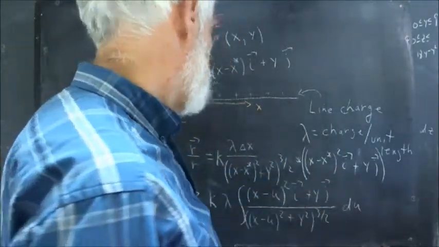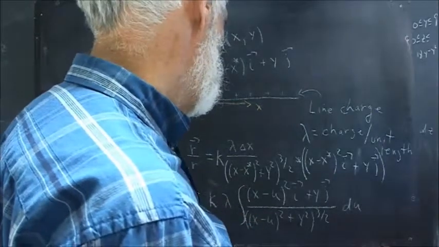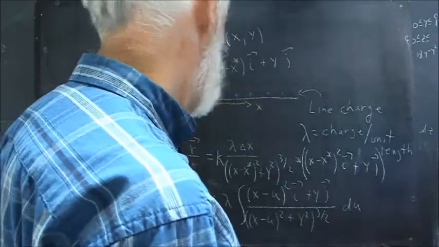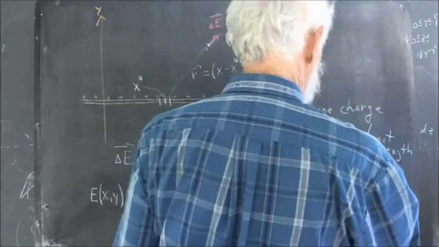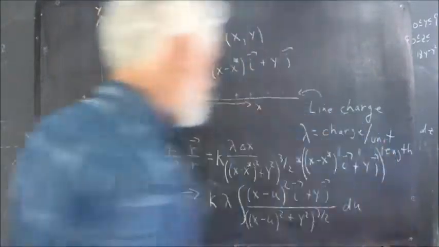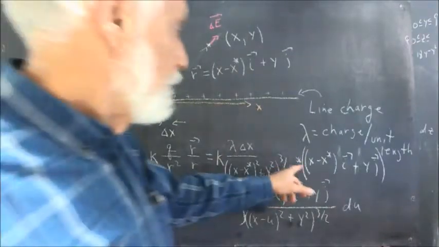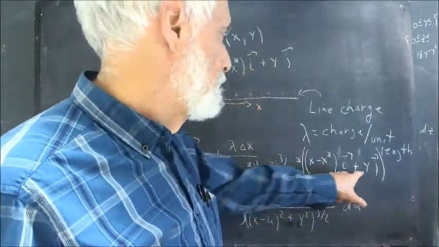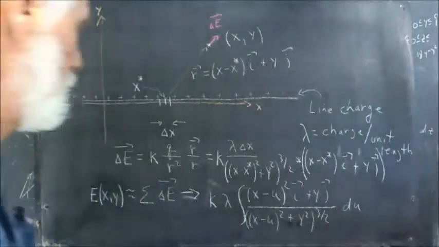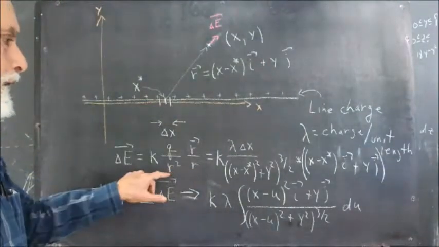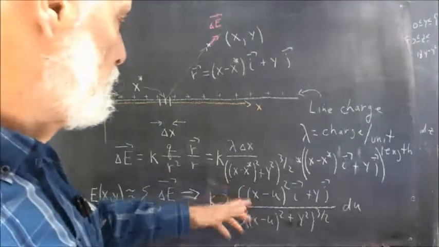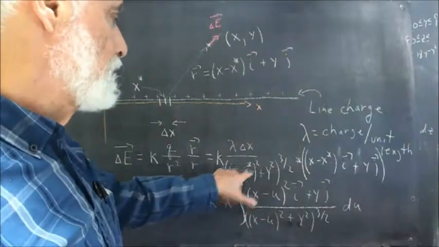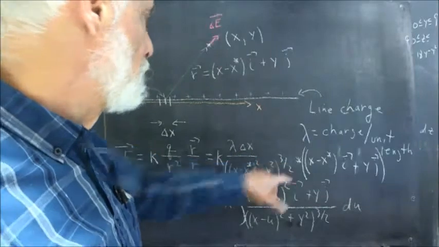The r vector is going to be x minus x star. I don't know why the square is there, but it shouldn't be. I'm just going to get rid of it. Our r vector is x minus x star i plus y j. And the r and the r squared can go together to give you x minus x star squared plus y squared to the 3/2.